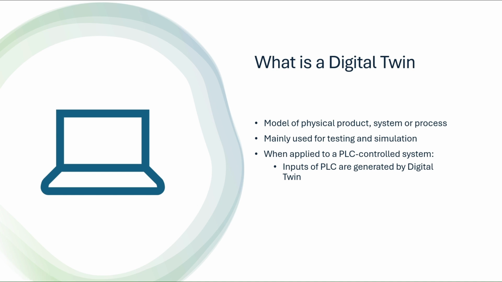All of the signals that come from sensors or from physical reality, let's say, are now generated in a digital environment. And the outputs of the PLC are actually used as inputs for the digital twin. So the signals that are normally digital outputs or analog outputs, we feed those to the digital twin so that it can create the inputs of the PLC.